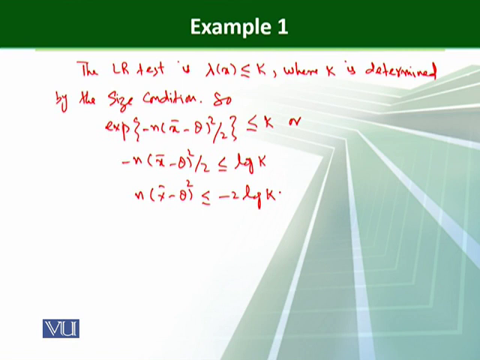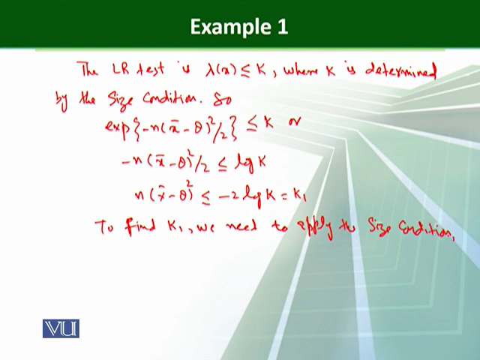So let's call it k1. Now to find k1, we need to apply the size condition. What is the size condition? It is based on the type 1 error, which is equal to alpha. And what is type 1 error?